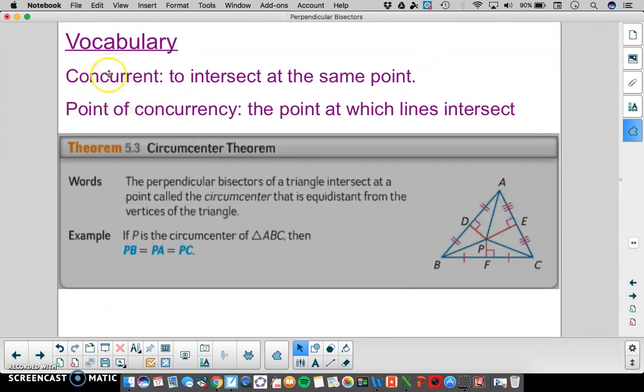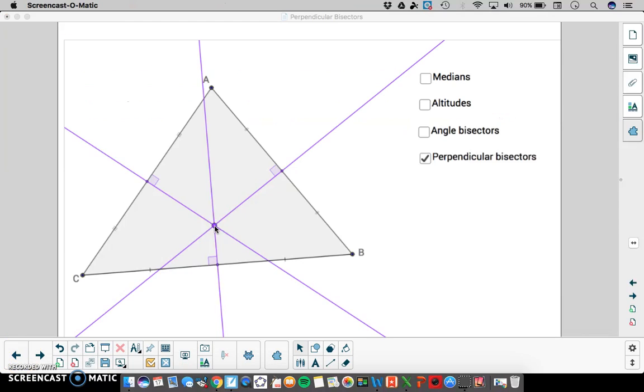So a little vocabulary. You need to know the word concurrent. Concurrent means to intersect at the same point, and the point of concurrency is the point at which those lines intersect. So let's take a look back. The point of concurrency here of the perpendicular bisectors is that purple point. All of those perpendicular bisectors intersect at that point of concurrency.